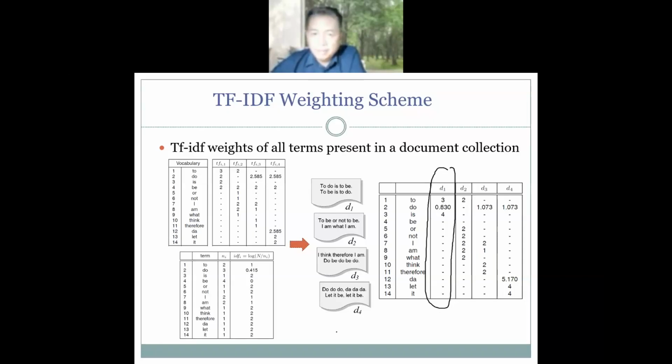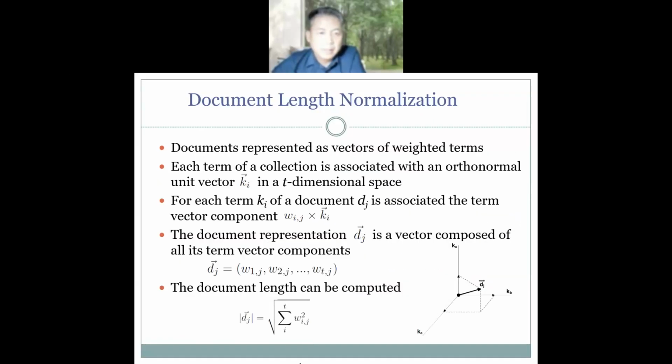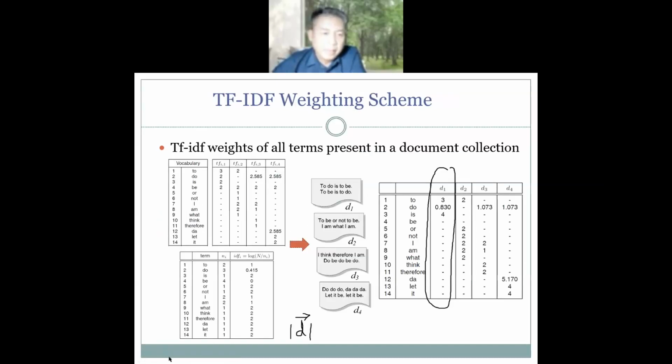Okay, so remember that the way we say something like this kan, so the document J, we don't put the magnitude. The magnitude is just telling you the length of the document.